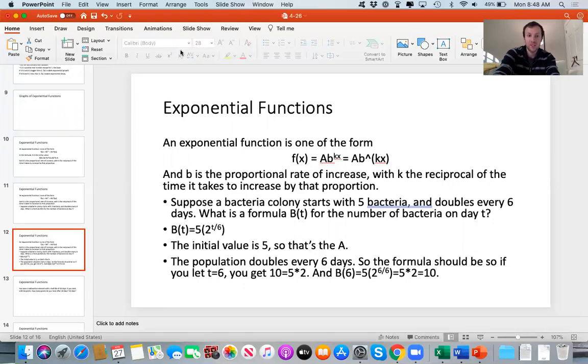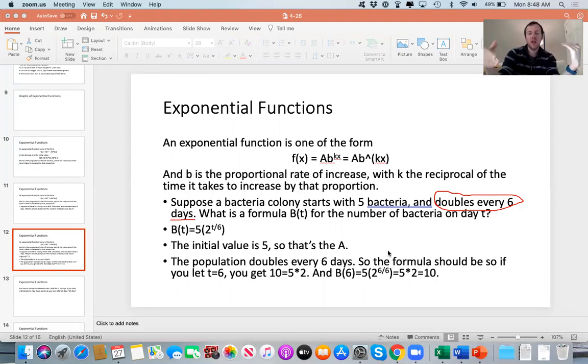So where do these things come from? The first thing, which isn't really written, is that we have something that's doubling every 6 days. That statement is how we know this is exponential growth: something increasing by some fixed proportion over some interval of time.